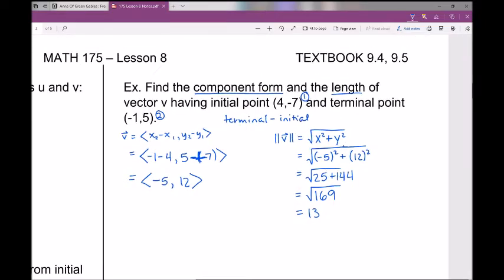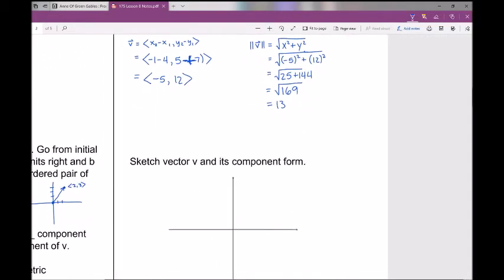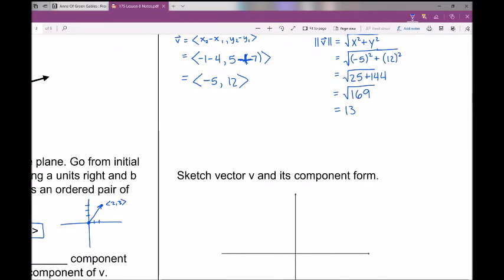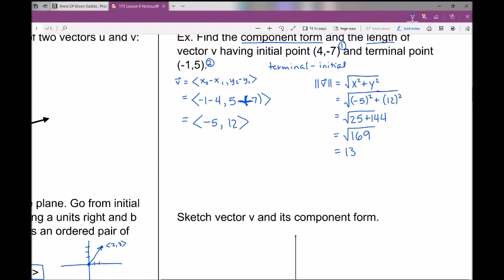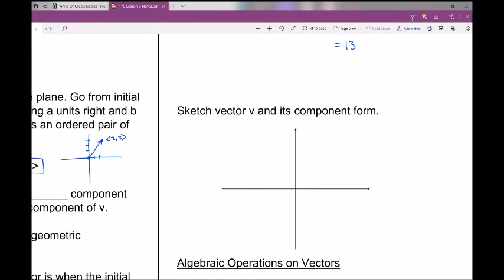So let's see what we need to do next. So now we want to actually sketch vector v and its component form. To do this, we're going to actually graph the points 4, -7 and -1, 5. So let's put some notches on our axes here. Alright, so that's, I think, 12 notches on each axis.